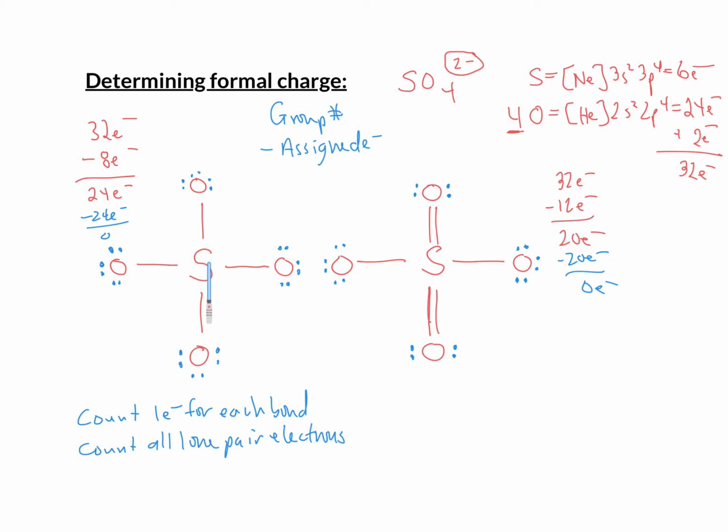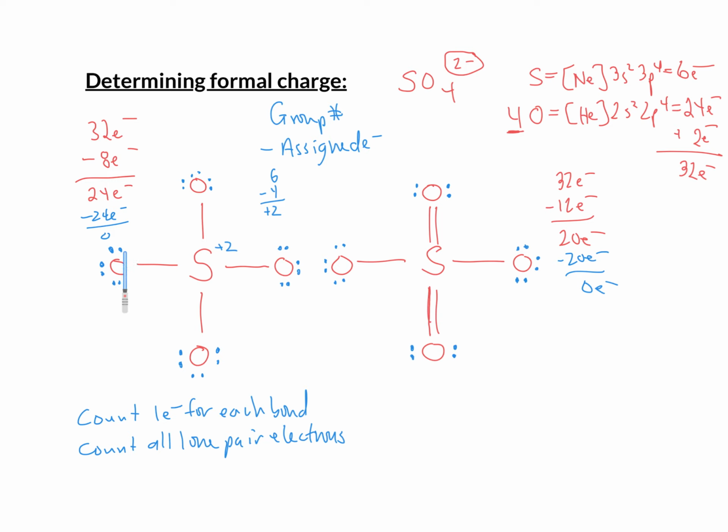Here's sulfur, which is group 6, 1 electron for each bond. I've got 1, 2, 3, 4 bonds. That means I've got 4 electrons assigned to that sulfur. So group 6 minus 4, that's a +2 charge on this central sulfur. Oxygen is also group 6. Let's take a look at these oxygens.